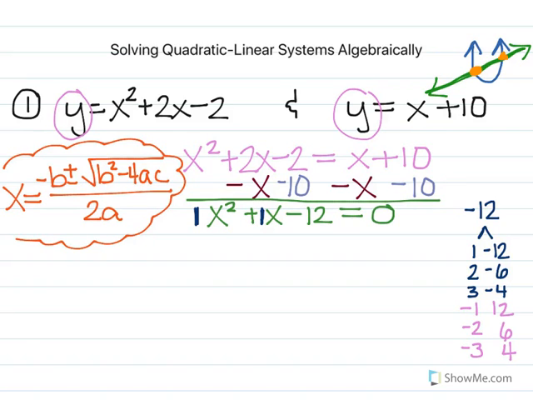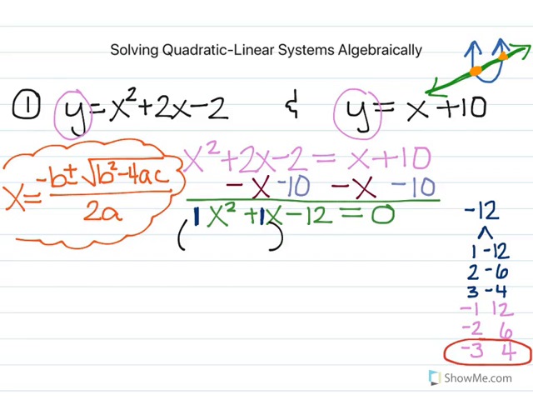Once you have all your factors listed, figure out which one adds up to b, so which one adds up to a positive 1, and that should be negative 3, positive 4. So because negative 3 and positive 4 add up to 1, we now know how to factor it.